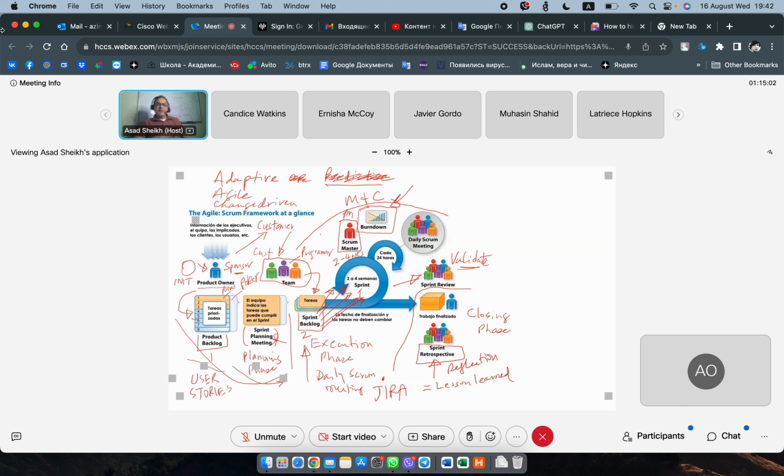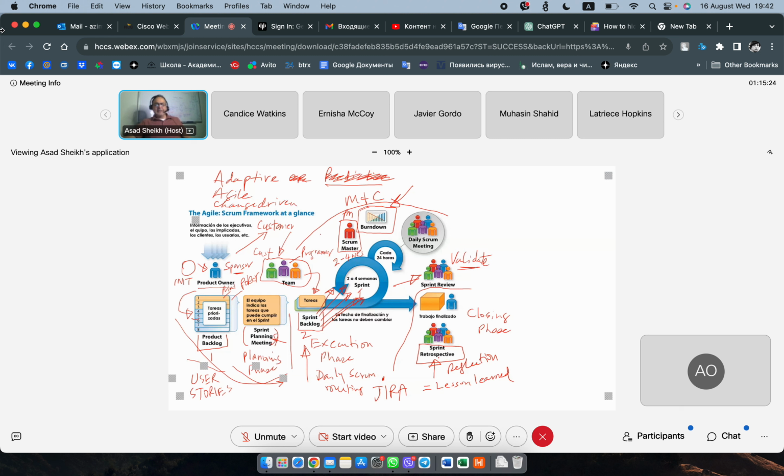Now, if you discover something during these daily scrums, obviously you're going to fix those things, right? If you find a process gap, you'll fix it right there and then. But this is like the end of the sprint. You are reflecting on how the sprint went, almost like the lessons learned.